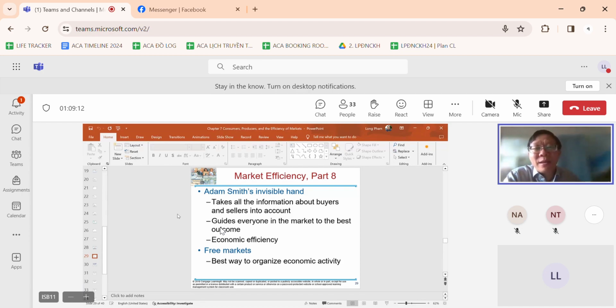The market guides everyone in the market to the best outcome, because buyers and sellers know what is suitable for them, not the government. So with the invisible hand, the free market can get the highest economic efficiency. So remember the principle again: markets are usually the best way to organize economic activity, because it helps society get the largest surplus, the highest economic efficiency.